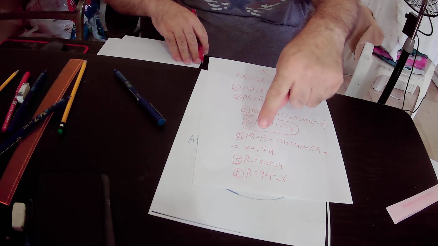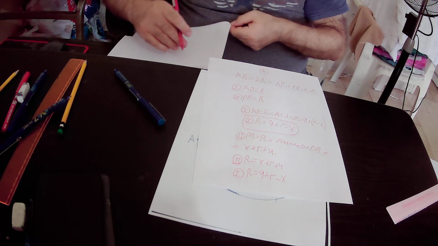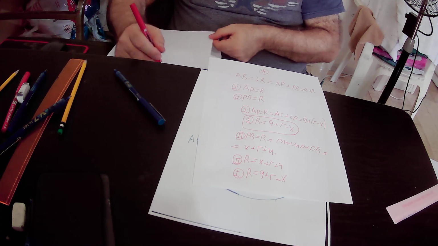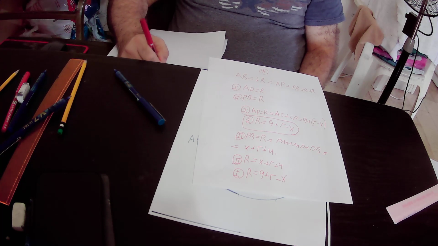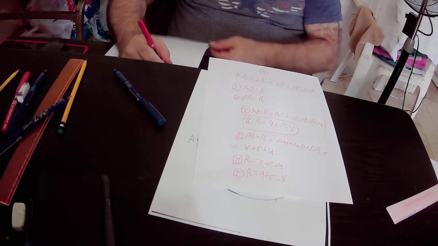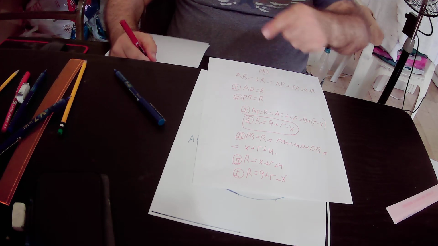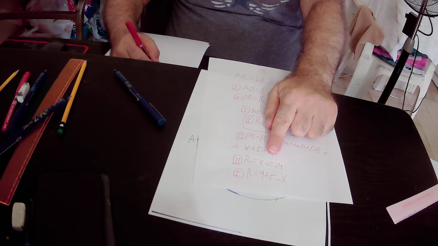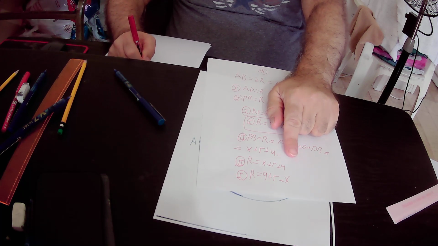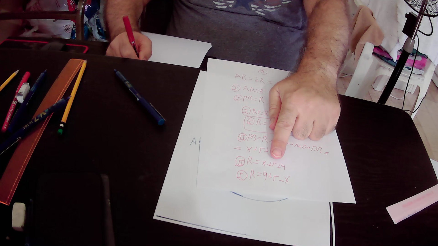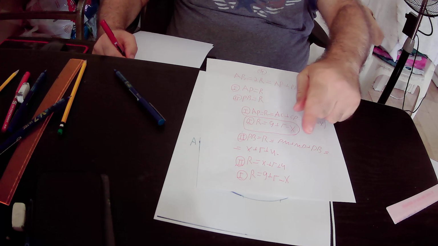Capital R according to equation number 2 equals capital R according to equation number 1. So equation number 3 will state that capital R, that is x plus small r plus 4, equals capital R according to equation number 1, that is 9 plus small r minus x.